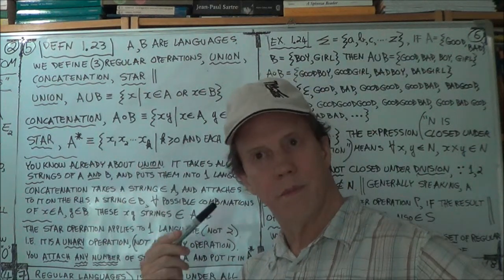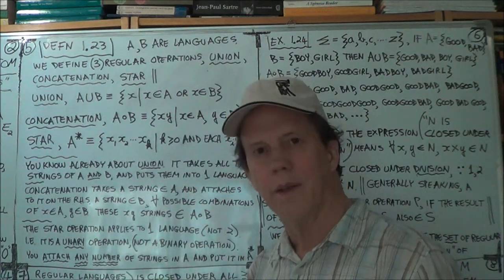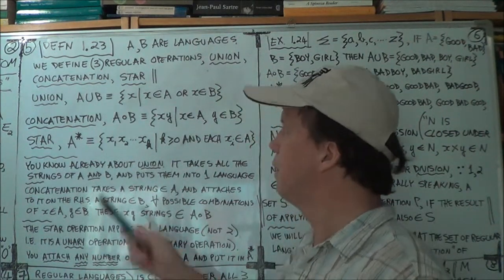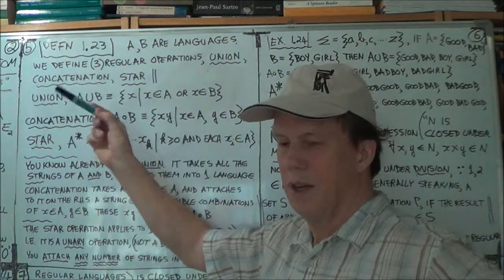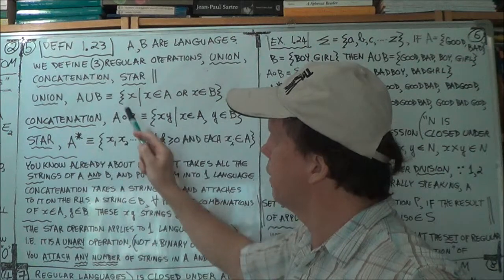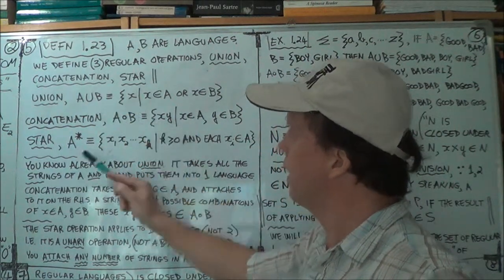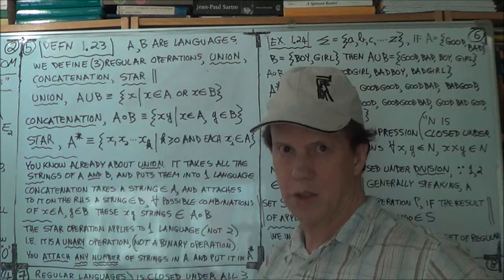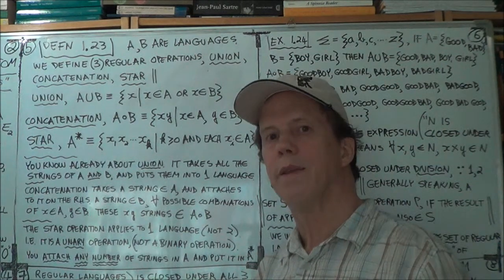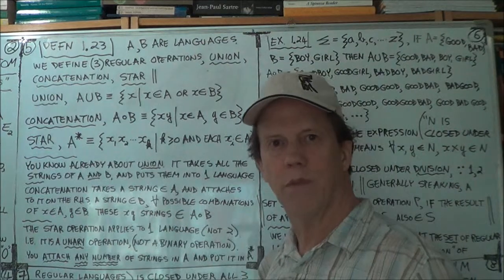Remember what a regular language means? It means there's some automaton that can recognize it. So in all three cases, you can construct an automaton that recognizes these bigger languages: the union of A and B, the concatenation of A and B, and the star of A. In each of the three cases, you can find an automaton that will recognize these bigger languages.